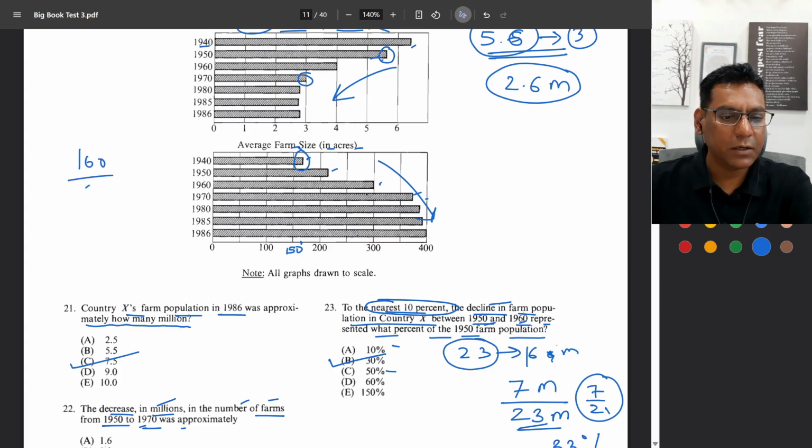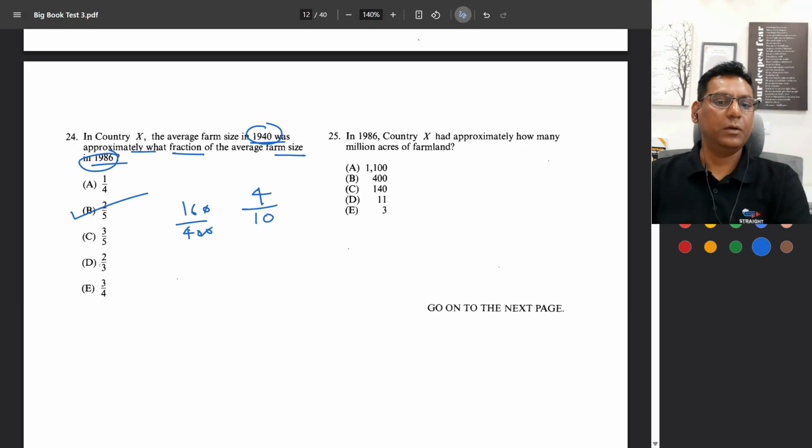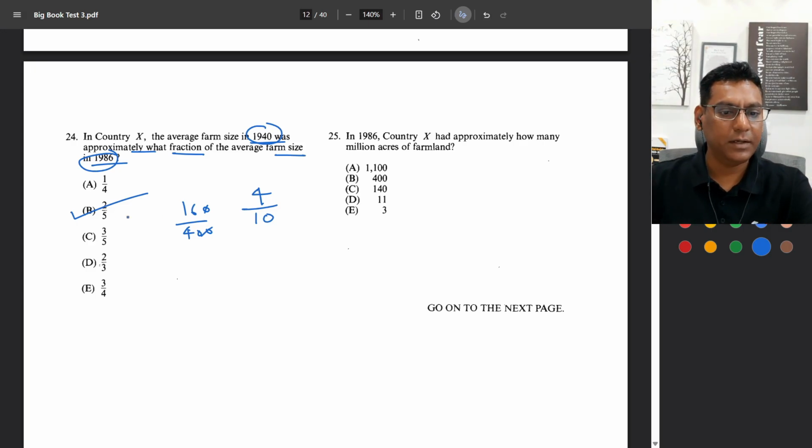In 1986 it was 400. Again, numbers are very convenient. If divided by 4, you get 100 at the bottom and 40 on top. So 40%, right? They are not asking for 4%. 160 by 400, right? So that's again 40 over 100, which is same as 2 by 5. The numbers are really easy in this set.